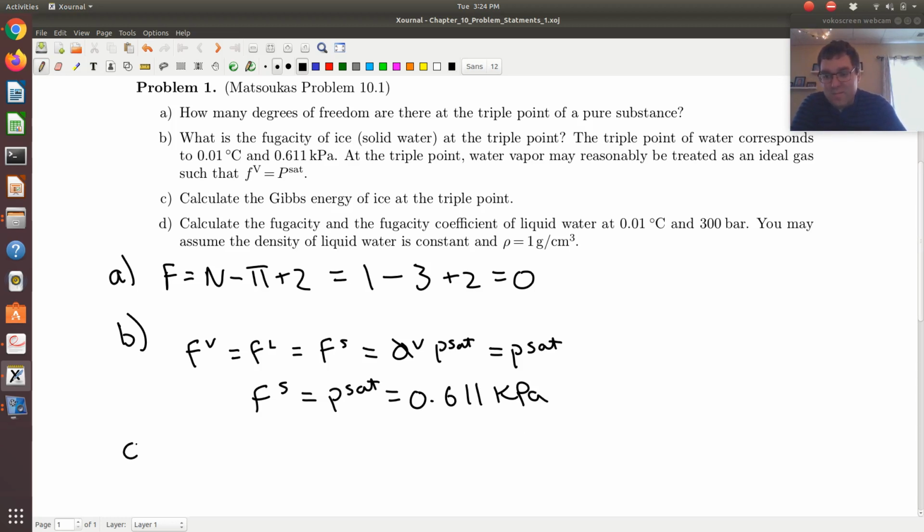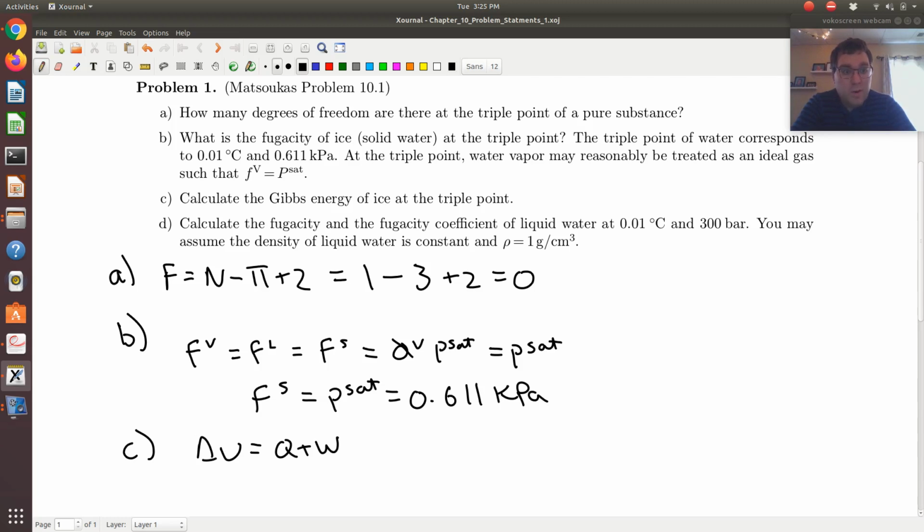Okay, C. Calculate the Gibbs energy of ice at the triple point. Now, actually, this is a bad question. Why? Because remember, thermo is always just interested in property changes. There's no such thing as absolute internal energy. Our first law of thermodynamics is nothing more than delta U is equal to Q plus W. So inherent in our first law is that differences in properties are what's of interest.